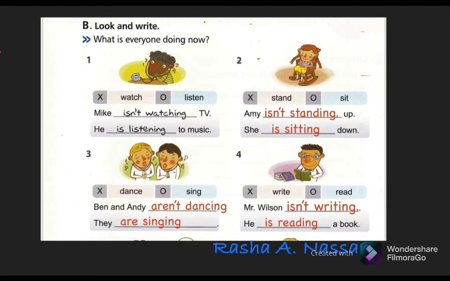Number 3. What aren't they doing? They aren't dancing. And what are they doing? They are singing. Number 4. What isn't he doing? Mr. Wilson isn't writing. So what is he doing now? He is reading a book.